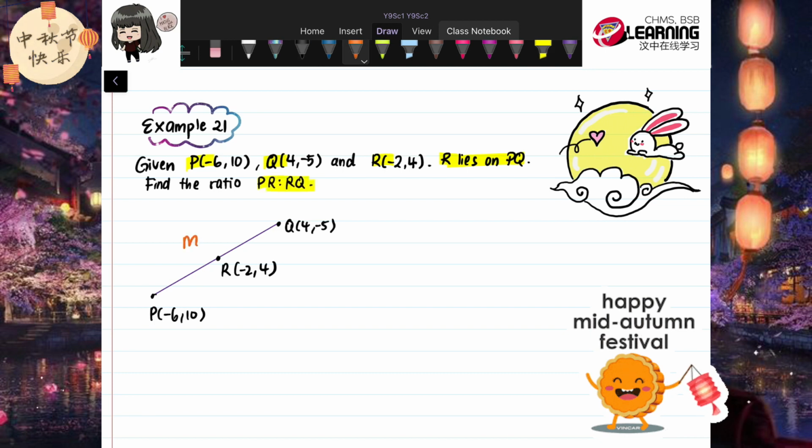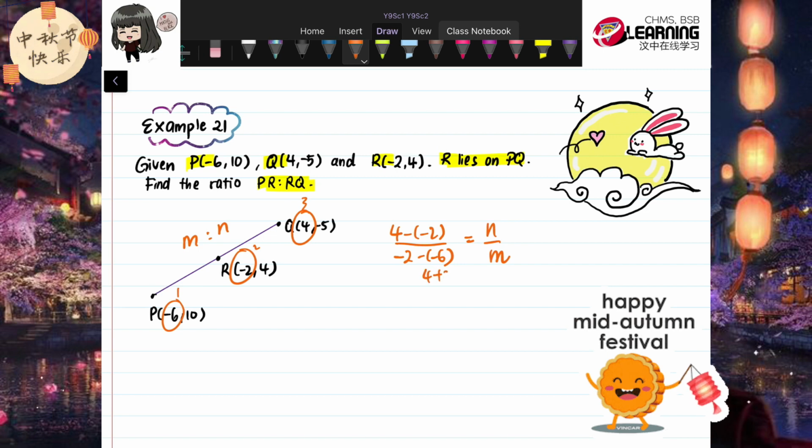We find M and N. Okay, we are given all this already. So again, the third x minus second x over second x minus the first x will be the ratio of your N and M. So 4 minus negative 2 over negative 2 minus negative 6, then it will be equal to N over M. Okay, so let's find out what our N, M are.